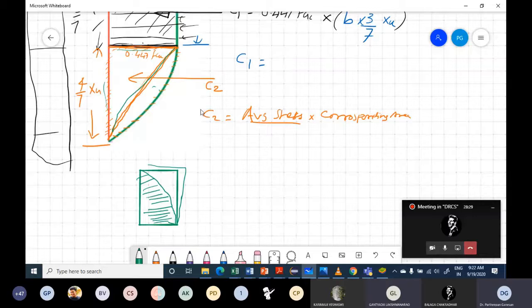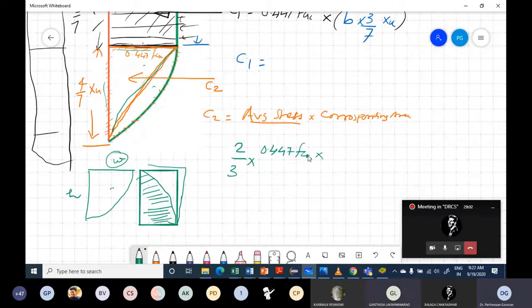Yes, the same 2 by 3 here also. 0.447 FCK, that is the average stress. What is the corresponding area? What is the area in which it is acting? B into 4 by 7 XU, since the height is 4 by 7 XU.